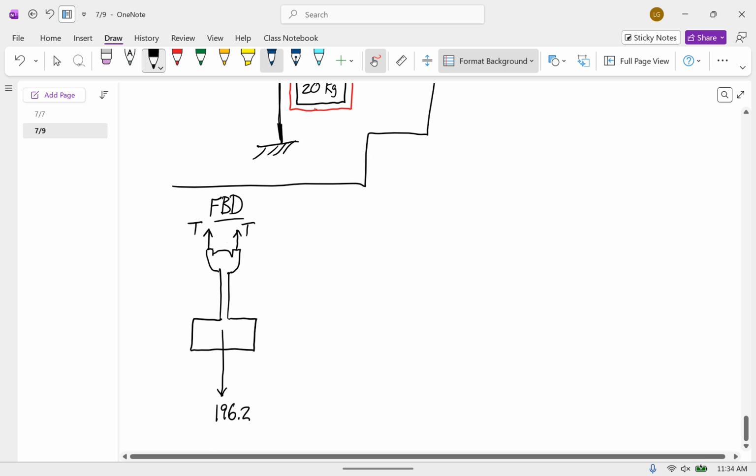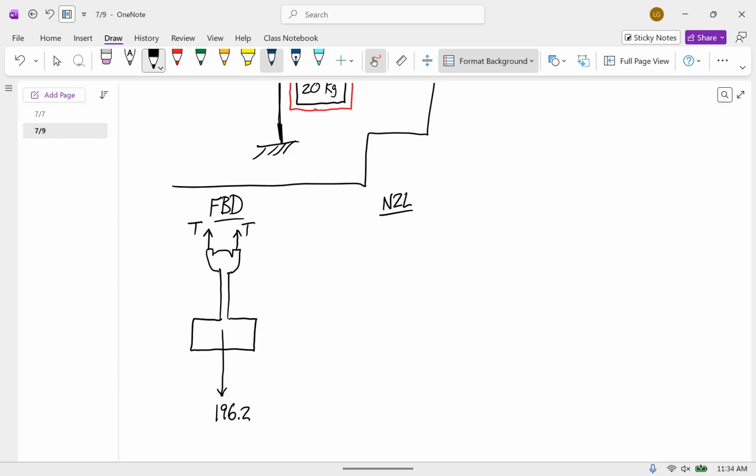And now this is everything, so we can go to Newton's second law. We have these two things in the positive y direction, so T plus T, negative 196.2 is equal to zero.